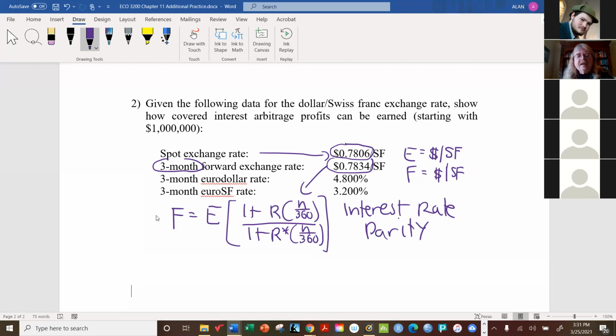Now, if you look at the formula again, R is the domestic rate, which means eurodollars, and R star is the foreign rate, which in this case would mean the euro Swiss franc rate. Okay. Actually, I guess I could put them over here. And finally, N comes from here. For 3 months, remember, we're using a 360-day year.